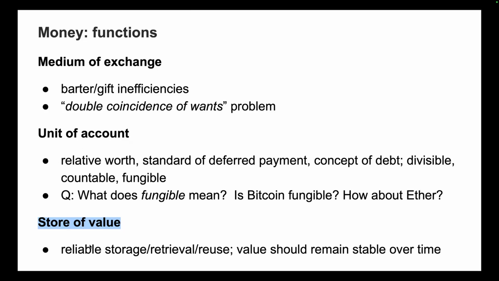So those 3 functions are not necessarily the same, they are different. Something that is really good as a medium of exchange may not necessarily be a good store of value. And something that is a good store of value may not necessarily be a good medium of exchange, right?